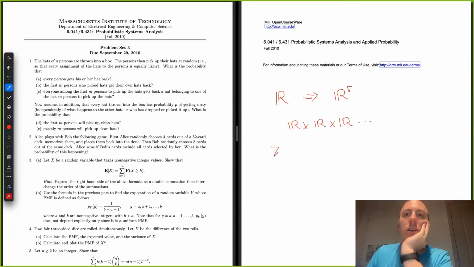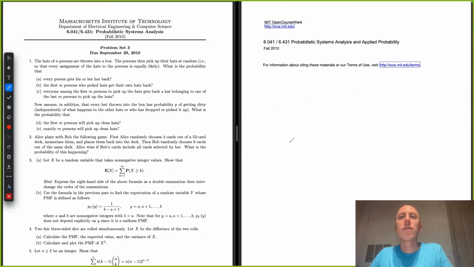Like we say Z^5, not 5. But yeah, we're talking about omega, and what do the elements of omega look like? It's almost like they're Z^n, because we've got n people.